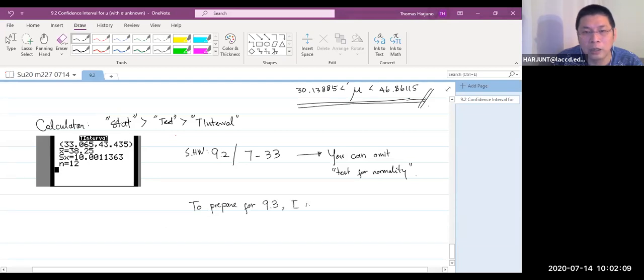I need you to program your calculator with inverse chi-square.